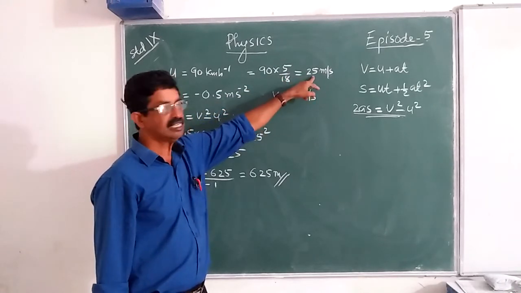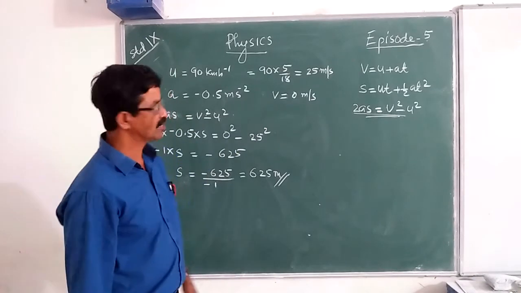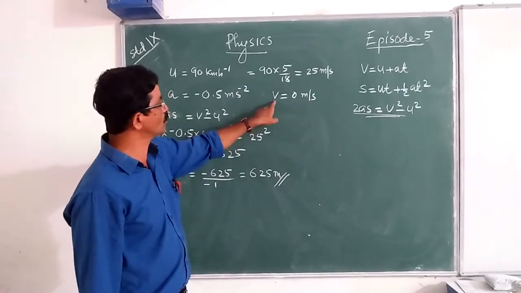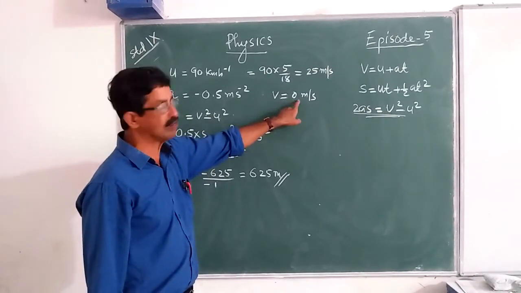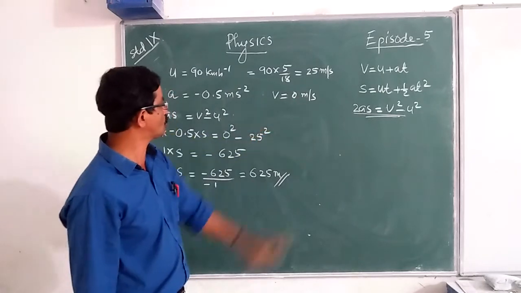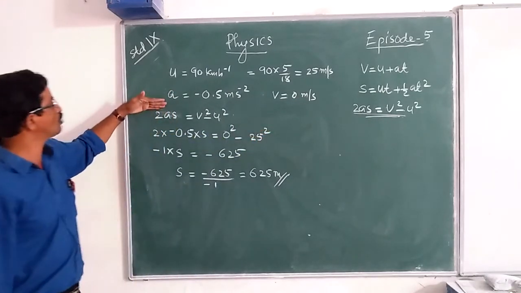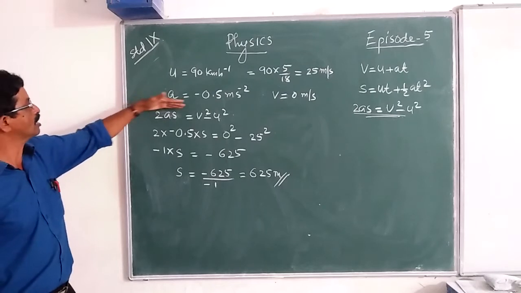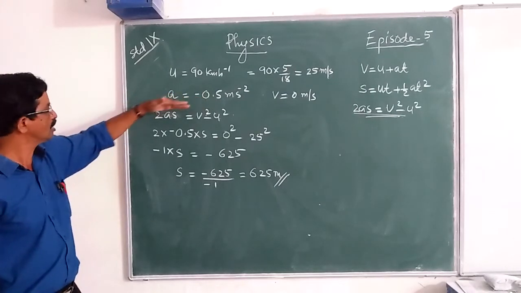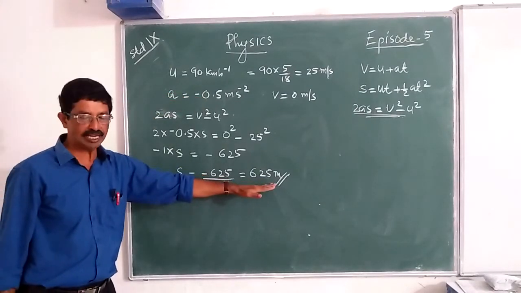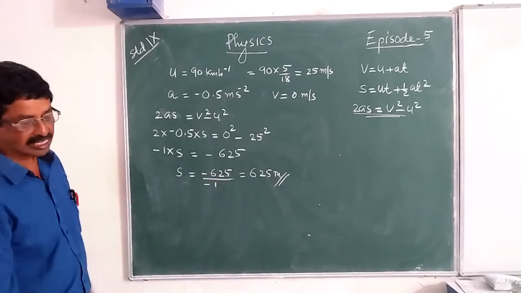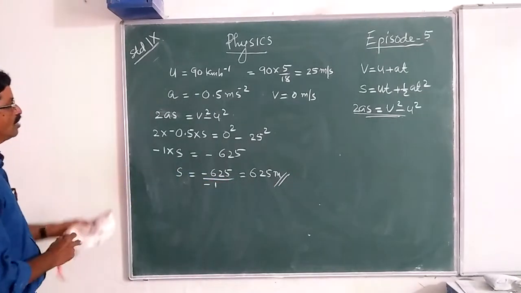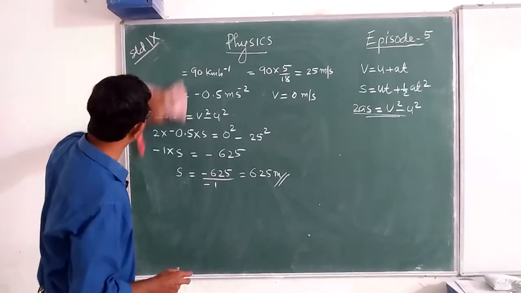That we got as 25 meter per second. Its final velocity is 0 because the train comes to rest. Substituting these values in this equation, 2as is equal to v square minus u square, we get 625. 625 meter is the distance traveled by the train before it comes to rest.